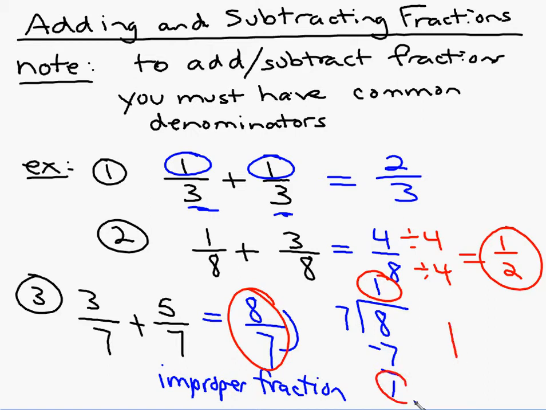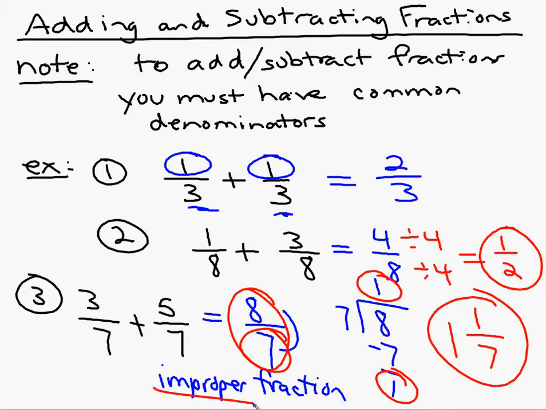And I have 1 extra piece of pie, so that goes over my denominator, which was 7. 1 and 1/7. That's called a mixed number. Okay, so if you get an improper fraction, then you need to divide and write it as a mixed number.